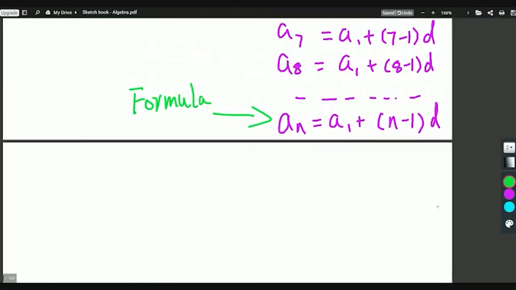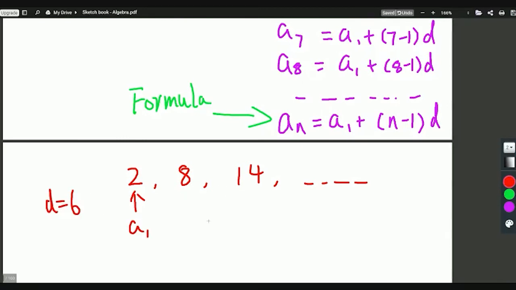So let me write down that sequence: 2, 8, 14, and so on. We know A1 is 2, and the common difference is 6. So put into the formula, an equals A1, that is 2, plus n subtract 1 times d, and then you have the formula.